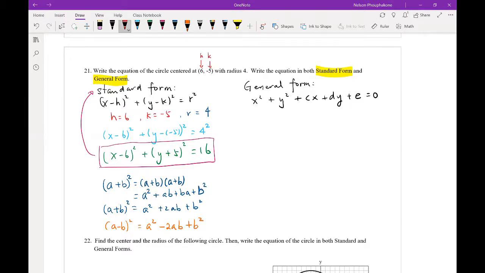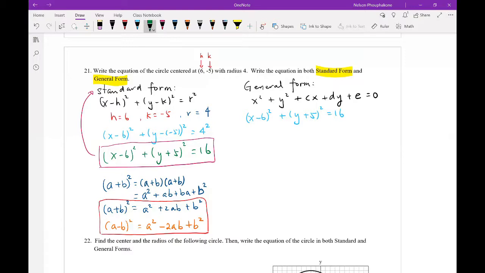Okay. So we are going to use these two right here to help us rewrite from the standard form to the general form. So here is what we have: (x minus 6) squared plus (y plus 5) squared equal to 16. Then we rewrite using (a minus b) squared equal to a squared minus 2ab plus b squared.